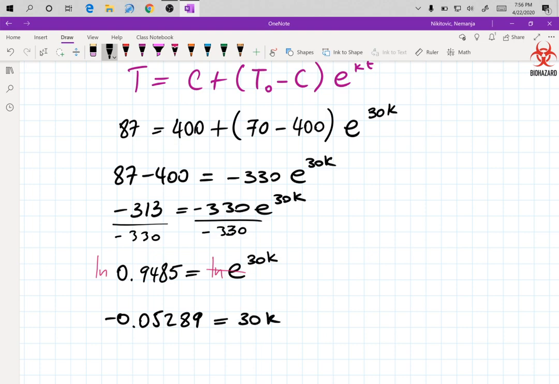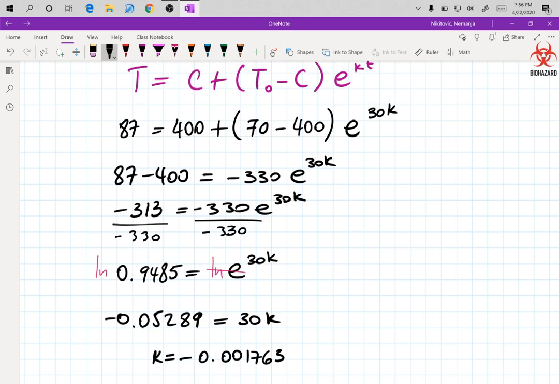And finally, k is equal to this divided by 30, negative 0.001763. Yes, when you round to 4 decimals.